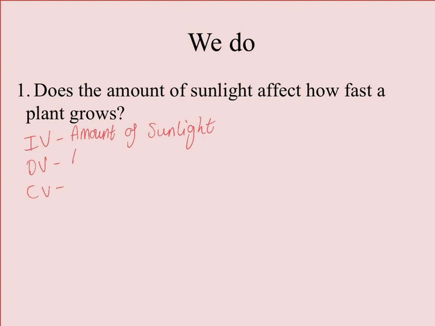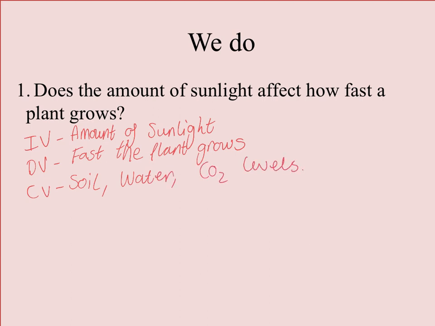DV then, how fast the plant grows. And then thinking about it, soil would be a control variable, water access, CO2 levels, because it's a plant, we're thinking about photosynthesis. Okay, so writing my hypothesis now.